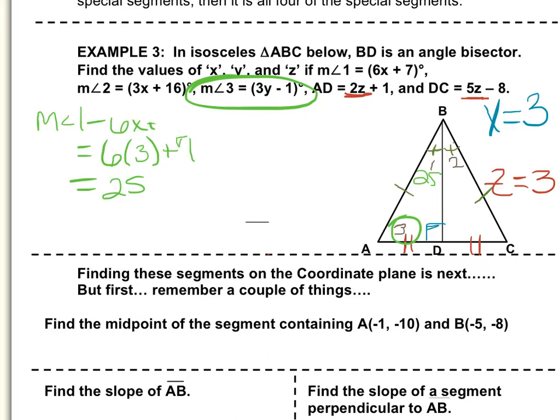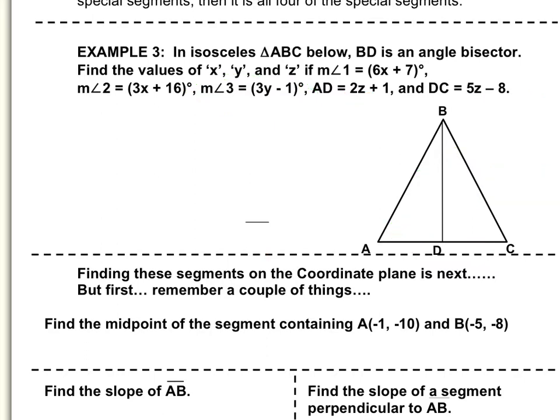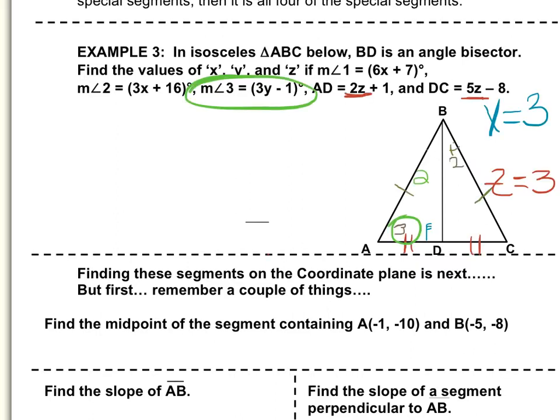Now what I notice here is that I have a triangle formed with my 25-degree angle, my right angle, and angle 3.